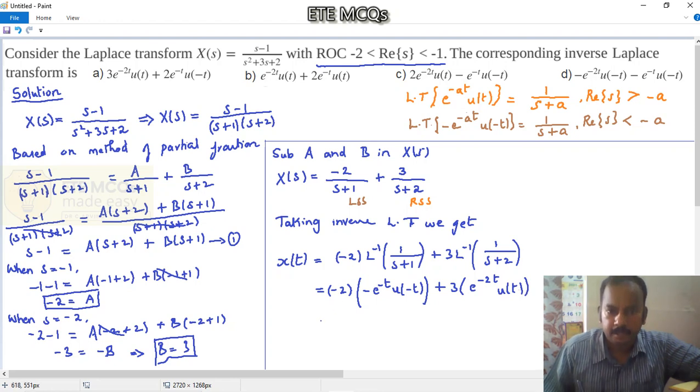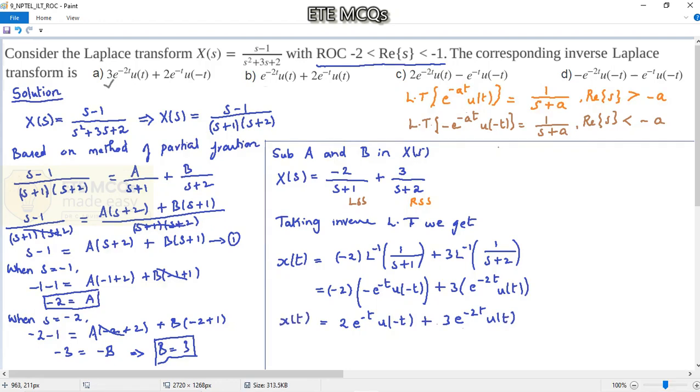Finally you get minus 2 into minus becomes plus, so 2 times e power minus t into u of minus t plus 3 times e power minus 2t into u of t.